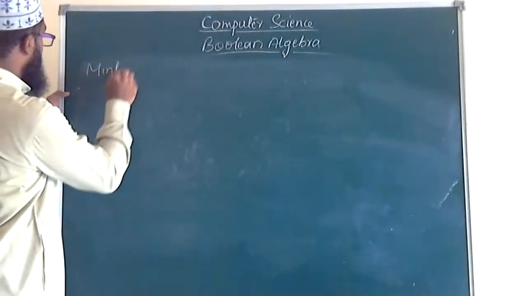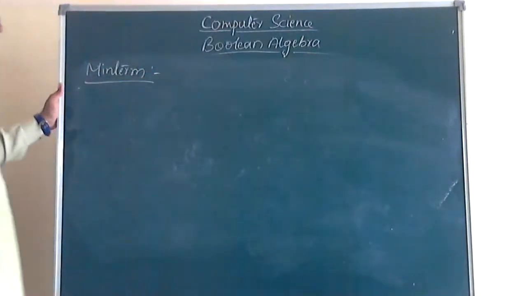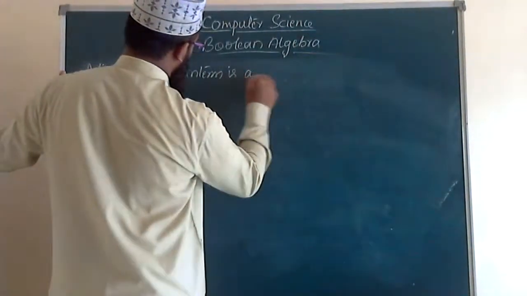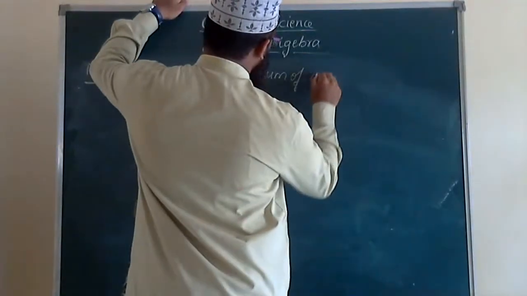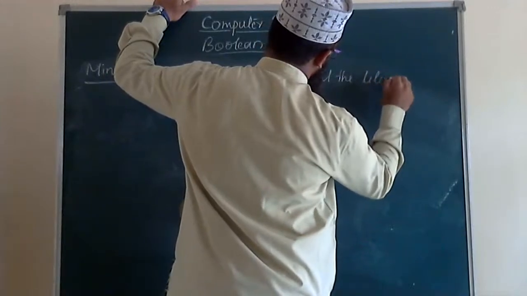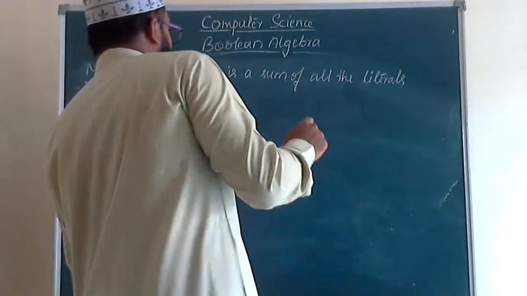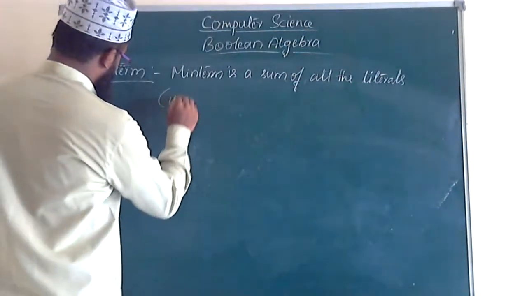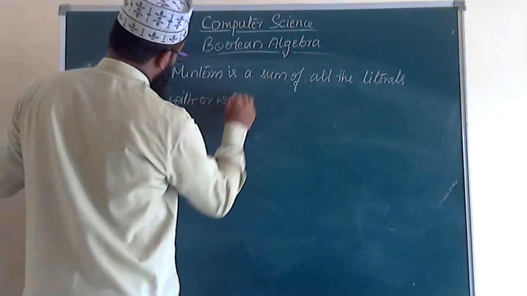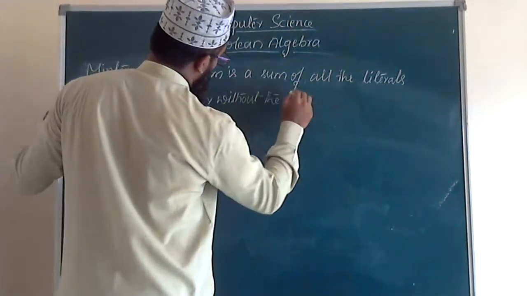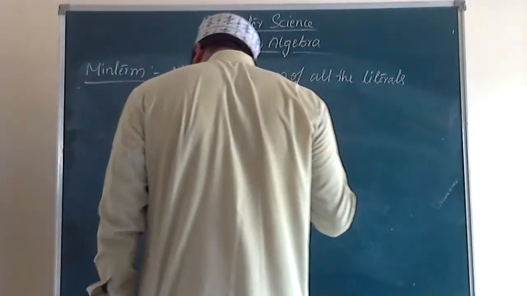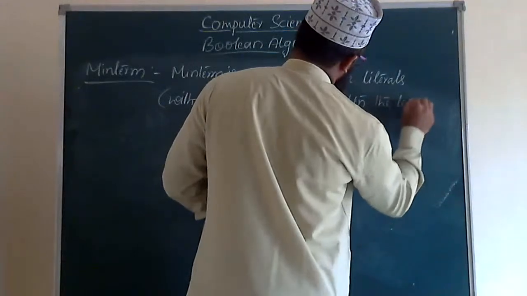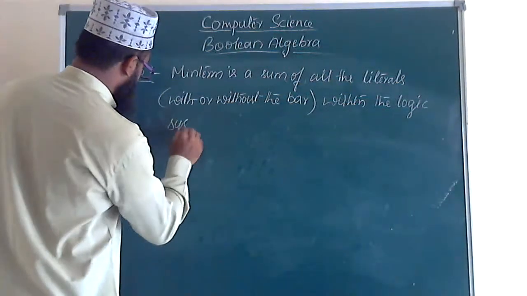What is meant by min term? Min term is a sum of all the literals, with or without the bar, within the logic system.